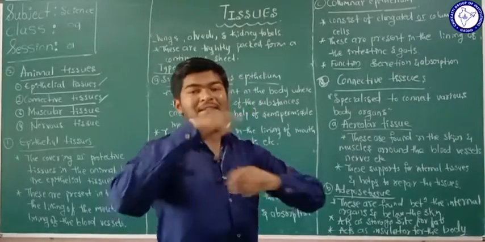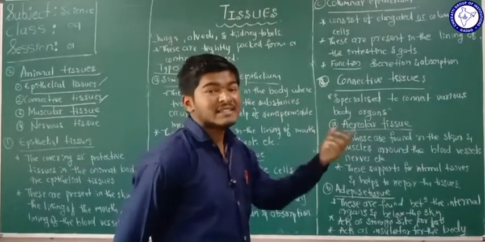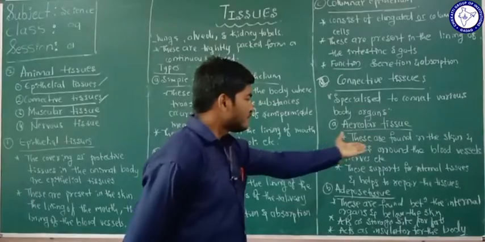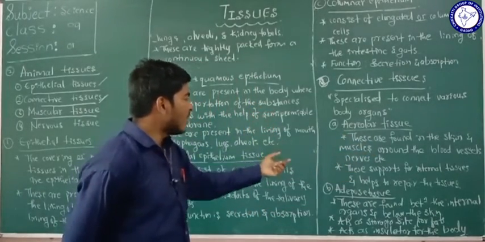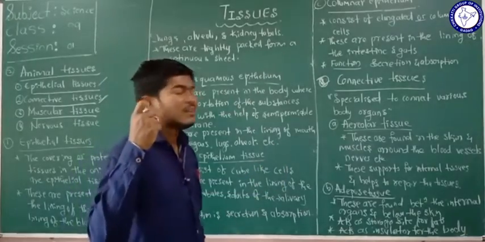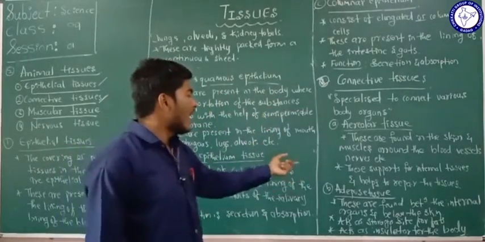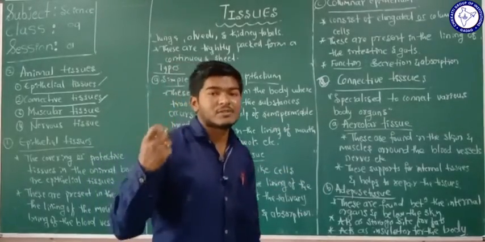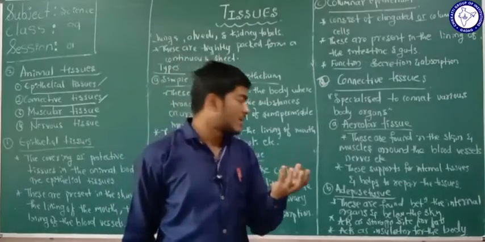So these are present around the blood vessels, the skin and the nerves. Therefore the function of areolar tissue is to give support to the internal tissues and to help in repairing them.